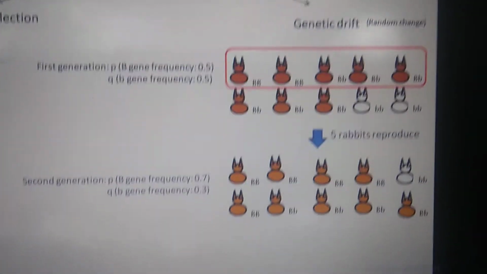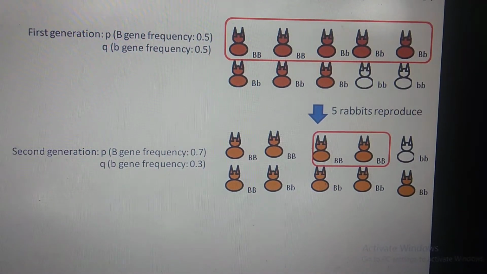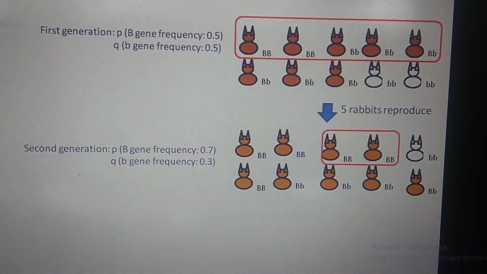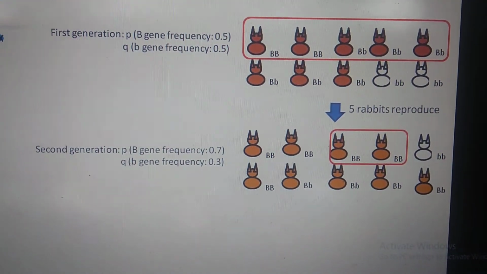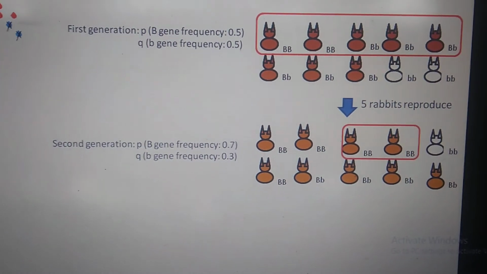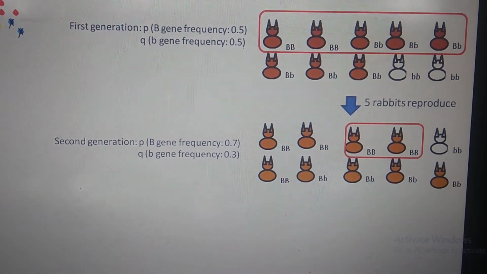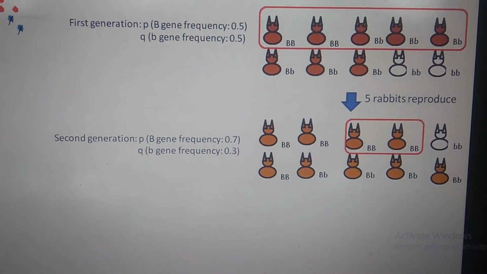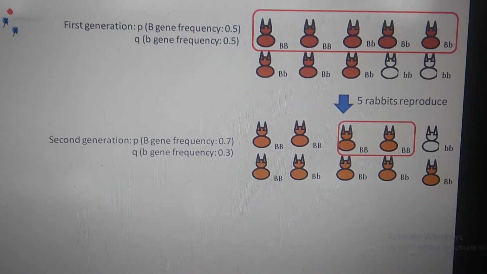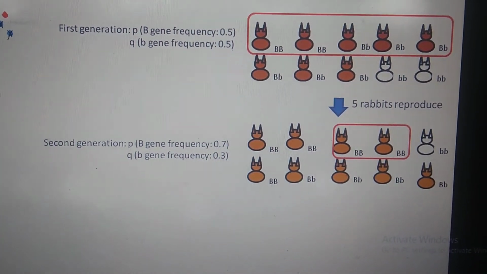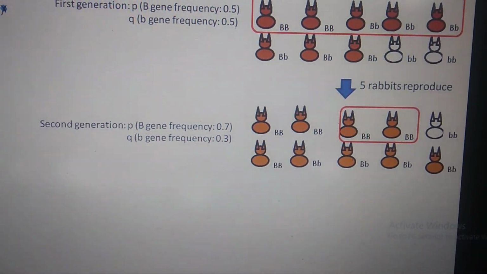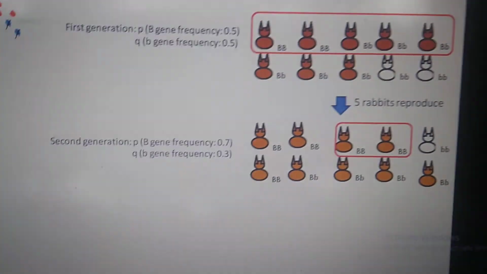Now again, randomly, these two rabbits survived and they reproduced. Others somehow perished, died, or did not reproduce. This is random. Other rabbits might have had some problem, they might have died from something. Only these two survived and reproduced.